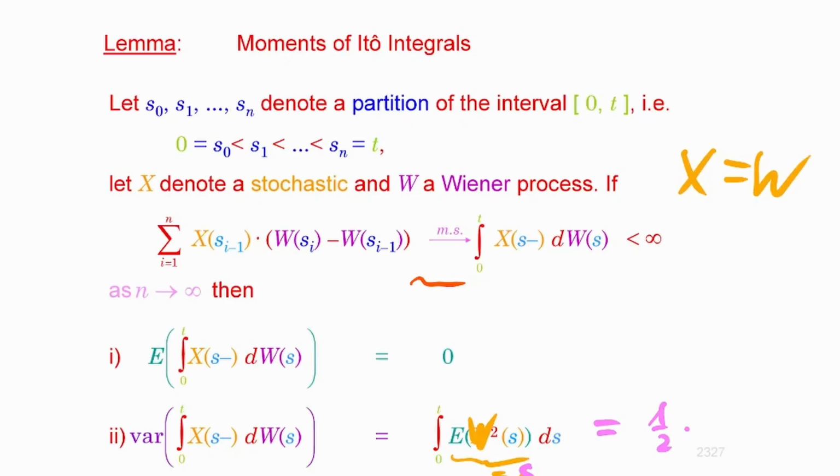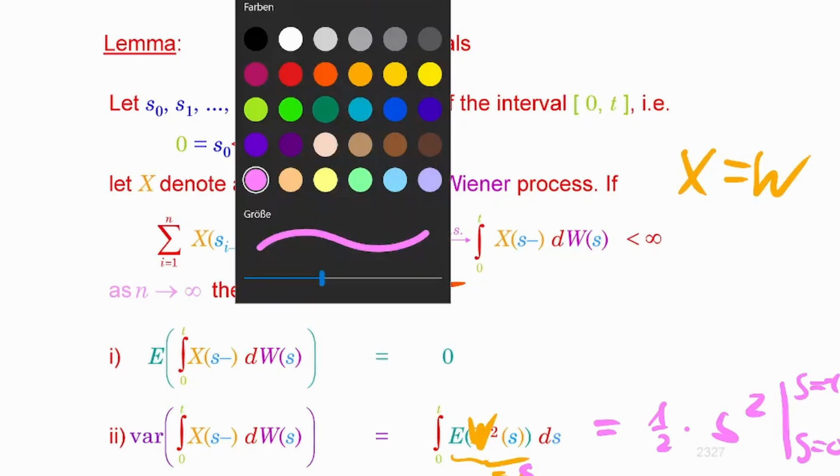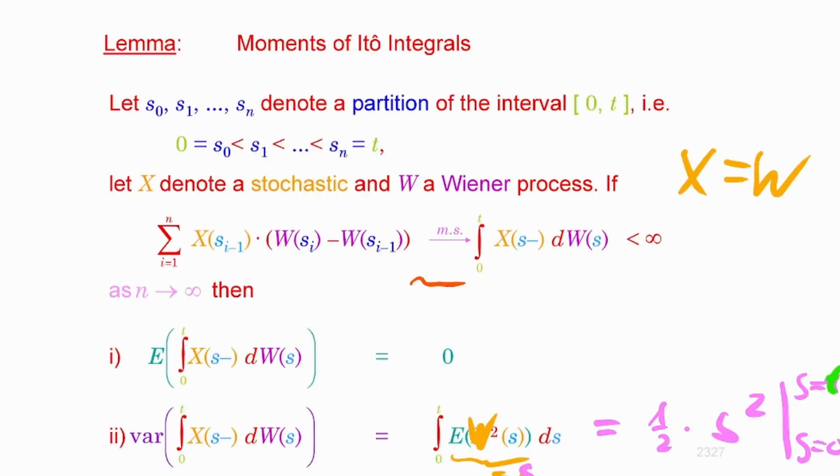So the antiderivative with respect to s is going to be 1/2 times s squared from 0 to t. If you insert t into it, you end up with 1/2 times t squared, which we just confirmed in the previous part. So that is consistent with the previous part, by the way.